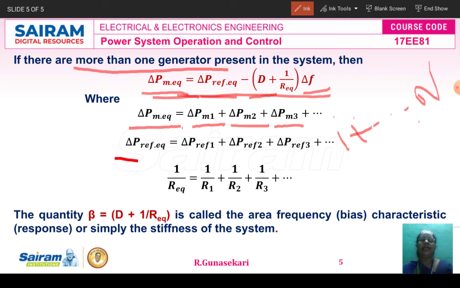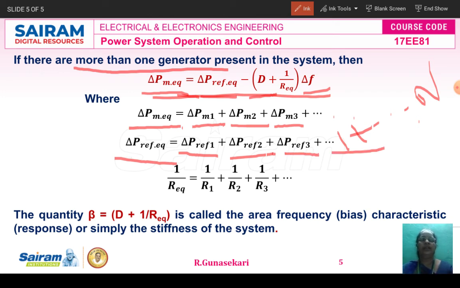Then del P reference equivalent, the equivalent speed reference setting, equals del P reference 1 for the first generator, del P reference 2 for the second generator, del P reference 3 for the third generator, and so on up to n.